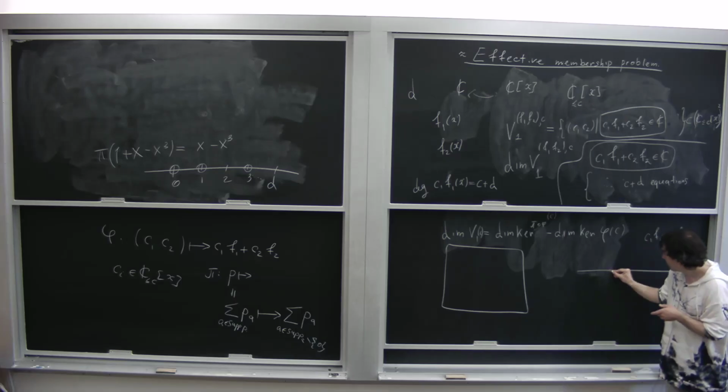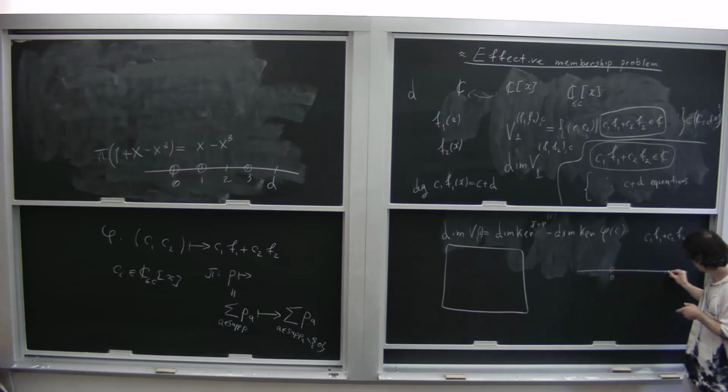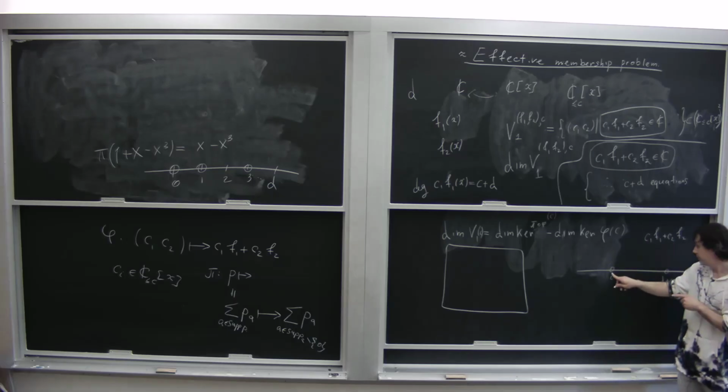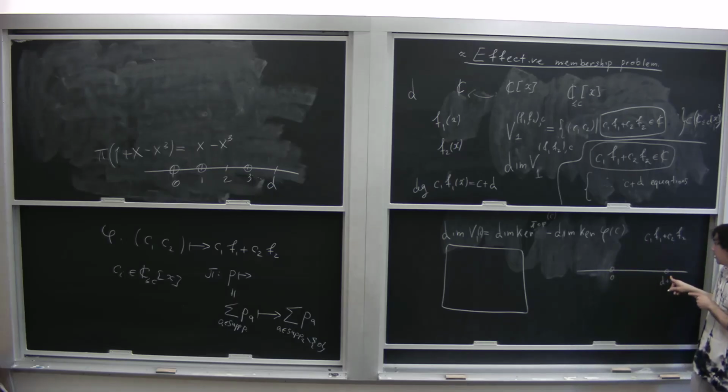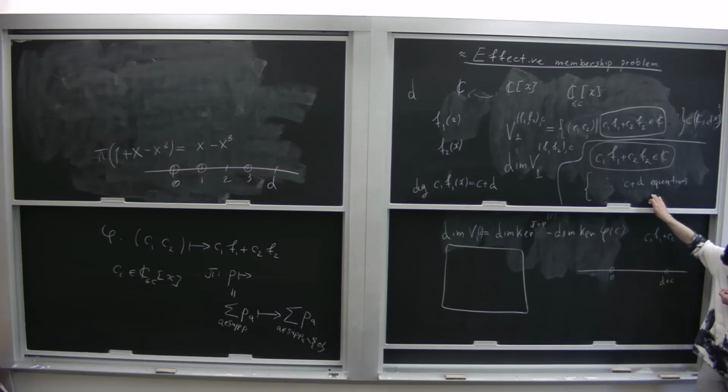So each coefficient from 0 to D plus C turns out to be a linear condition imposed on the coefficients standing next to each term, and in turn, it's corresponding to some linear equation from this system.